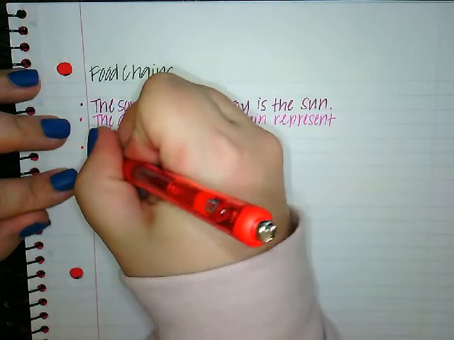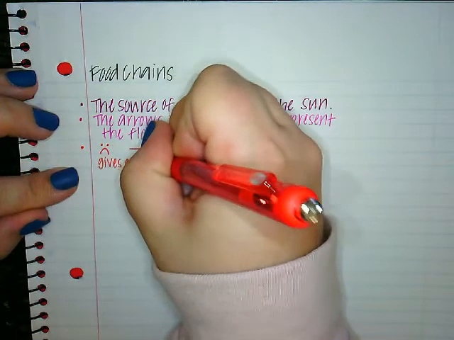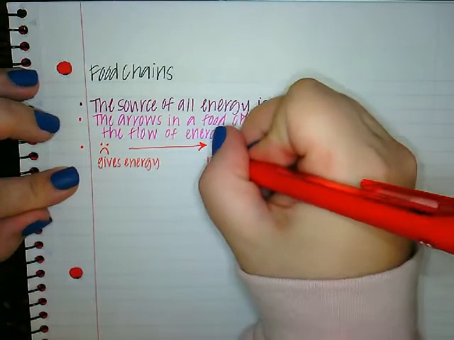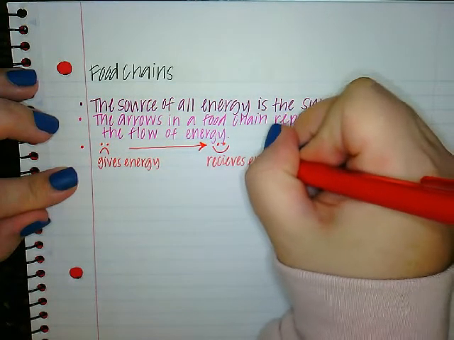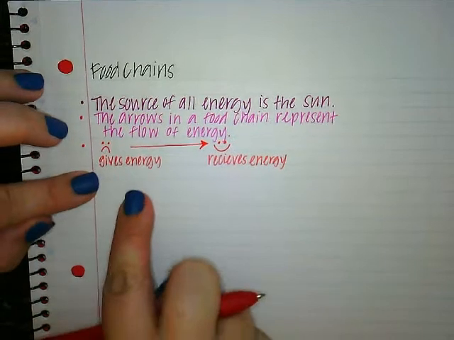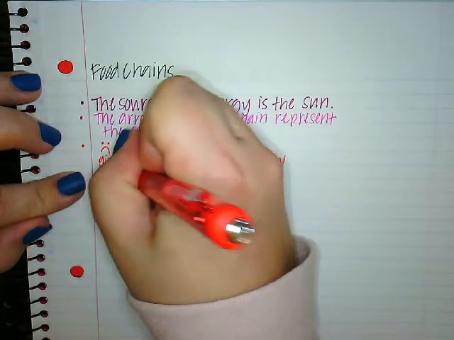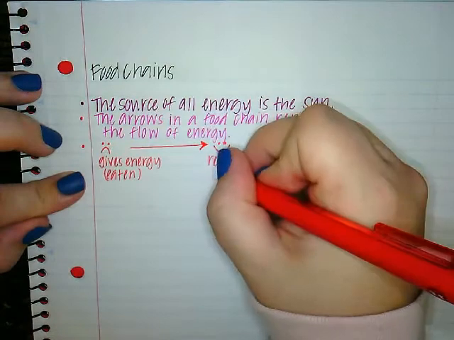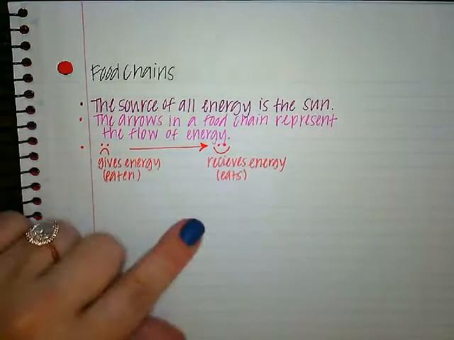Okay, this guy we're going to write that he gives energy. And this friend receives energy. Okay, and just to clarify, this guy gets eaten, and this one is eating.